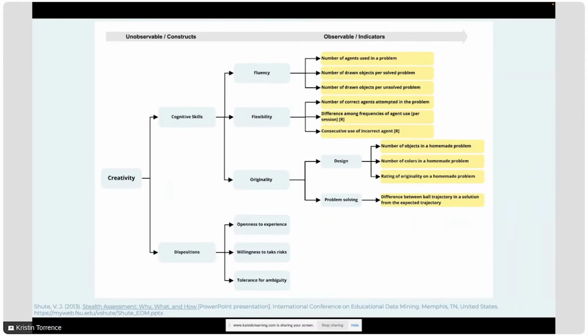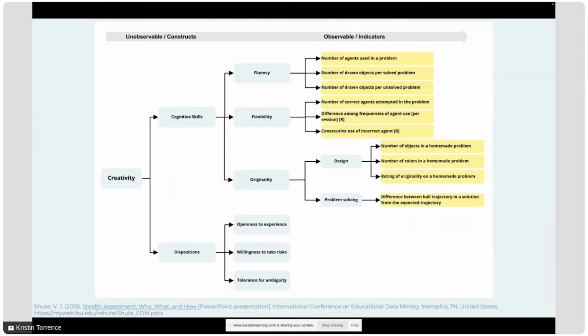And because of the relationships here, knowing the probability of cognitive skills is a certain level, we can then infer the probability of dispositions and its subconstructs to be at a certain level using Bayes' theorem. So we calculate the value of dispositions given what we know to be true about the probability of cognitive skills.